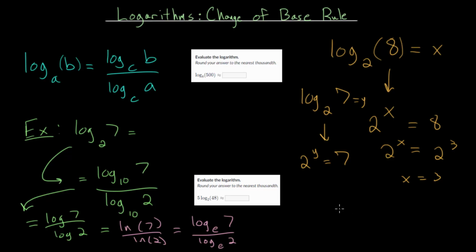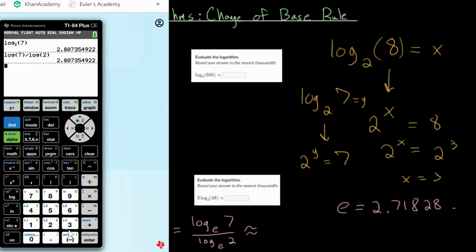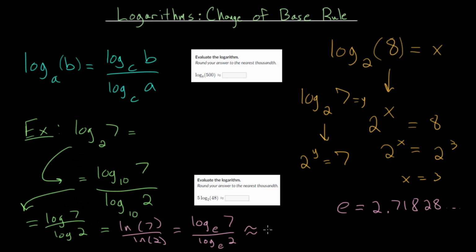And remember that number e is an irrational number like pi, equal to 2.71828, and it's going to go on forever in its decimal expansion. Because we're not going to be able to write out the whole decimal, we approximate, and this is equal to 2.807. We'll go to the thousandths place.